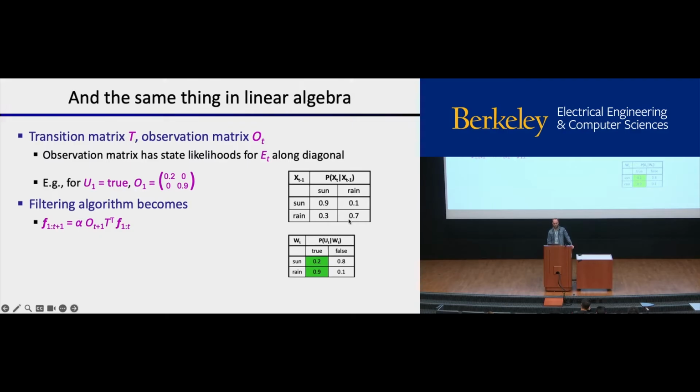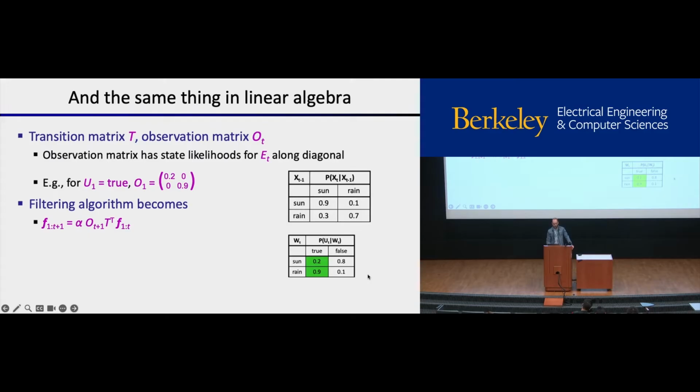So this is our matrix T. And now, given the weather, sunny or rainy, here is the distribution over whether you see the umbrella. If it's sunny, 20% chance you see it. If it's rainy, 90% chance you see it.